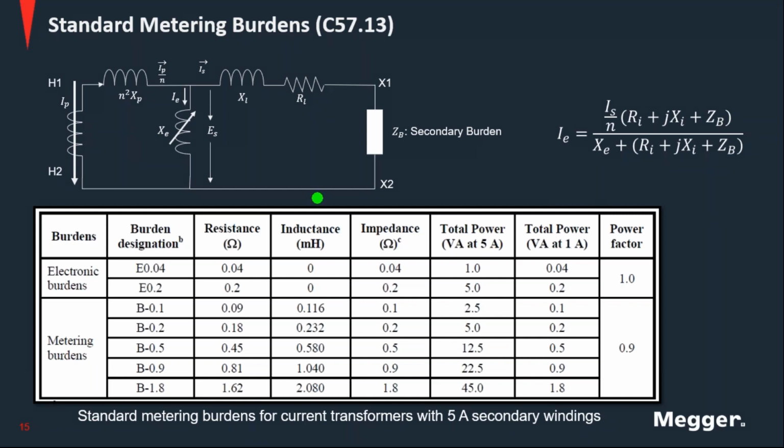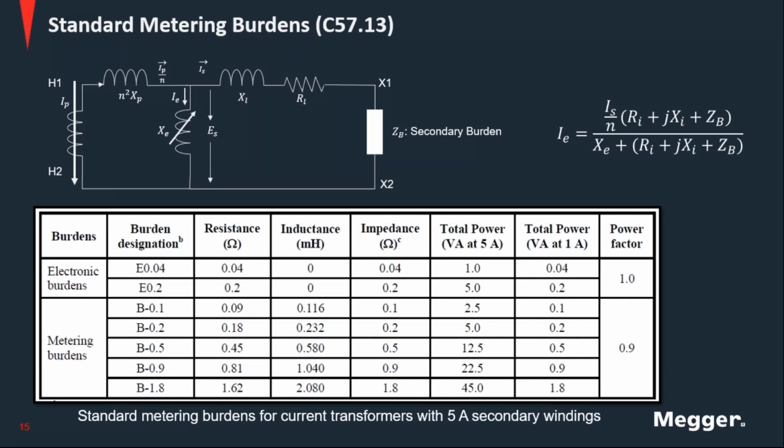And this burden is also expressed as VAs. You can have a maximum of 45 VA, telling you that this instrument transformer can only supply a load up to 45 VA if you are using a 5 amp secondary current transformer, in this case CTs, and 1.8 if you are using a 1 amp secondary current.